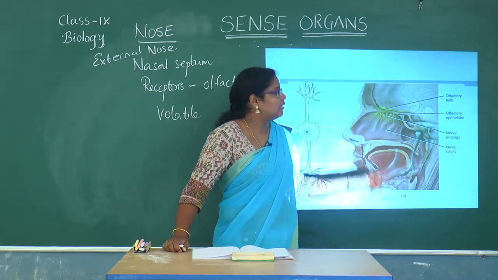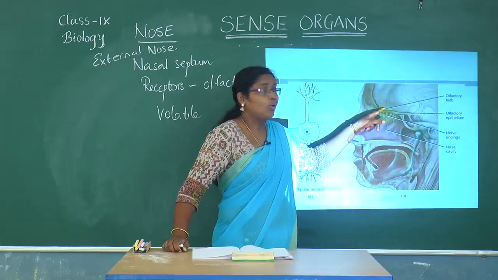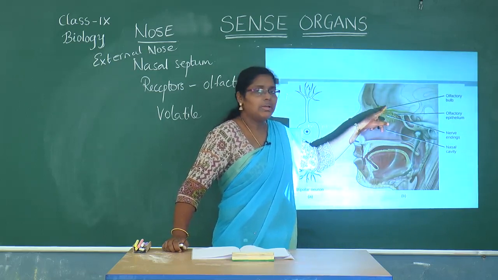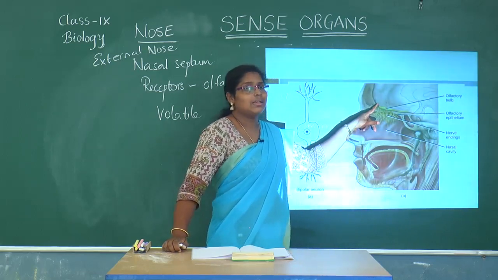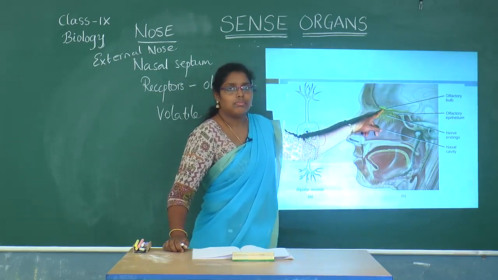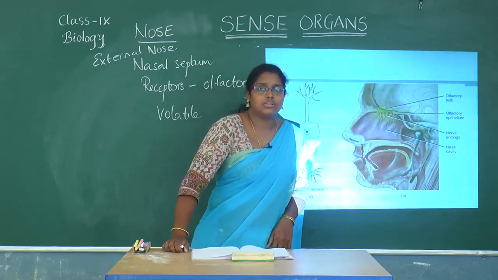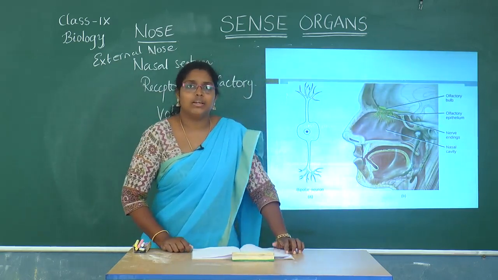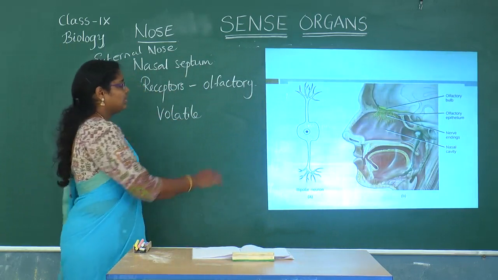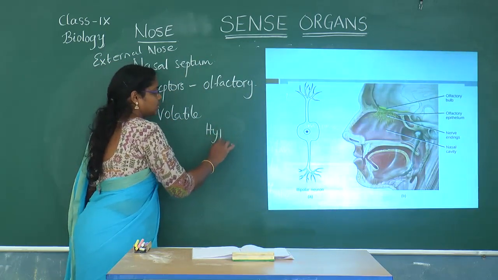The olfactory bulb, which is present at the floor of the brain, helps in analyzing the information of smell, whereas the other sense organs coordinate with another part of the brain, the hypothalamus.